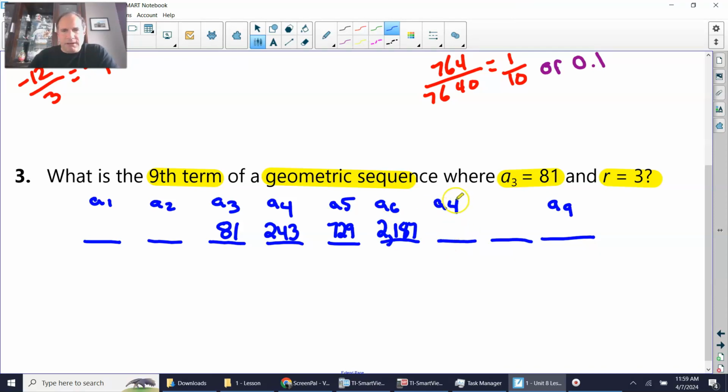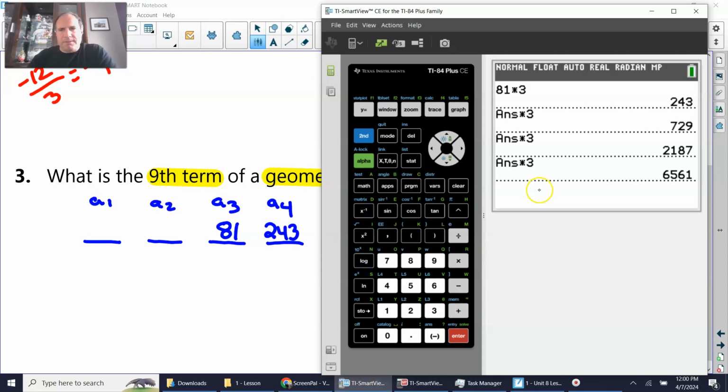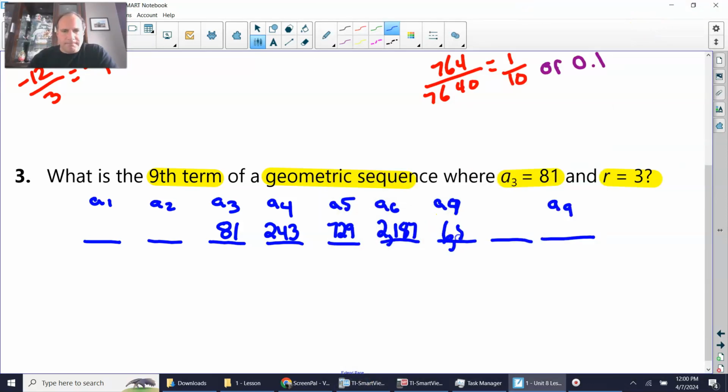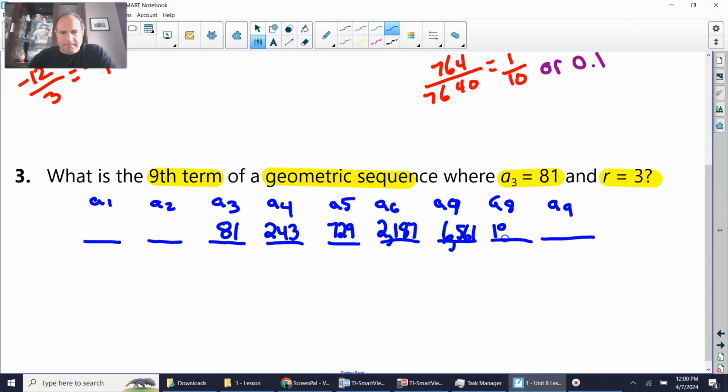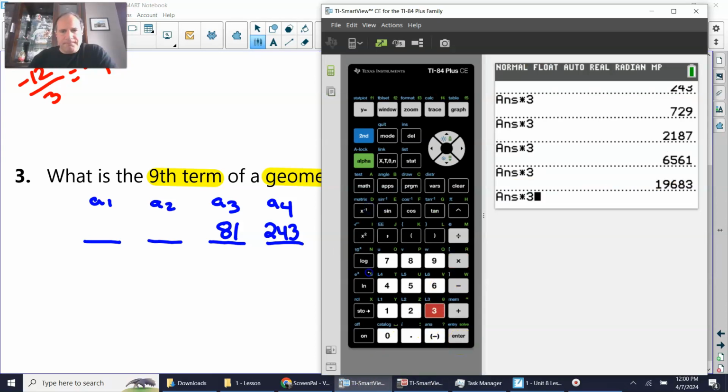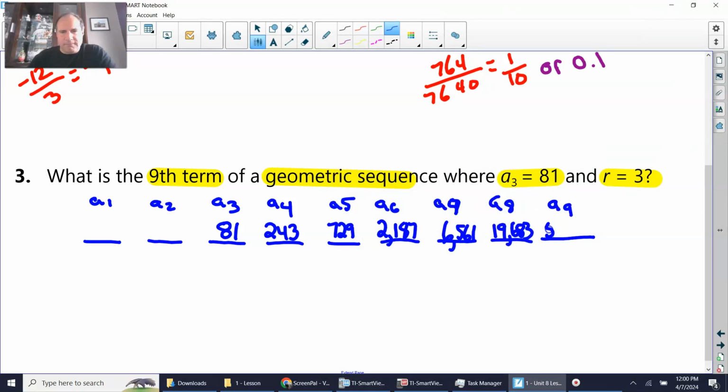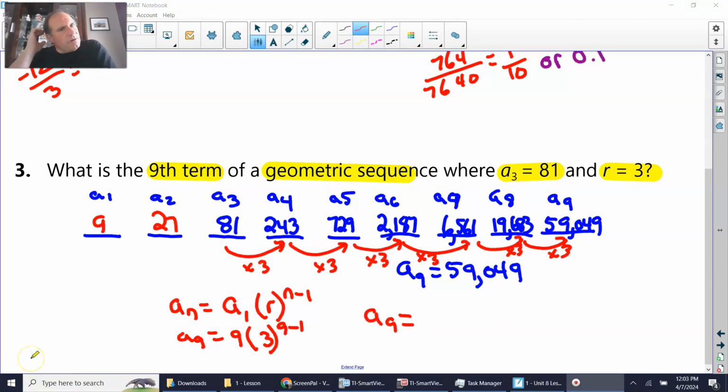A sub 7 is times 3, 6,561. And a sub 8, we're almost done, times 3, 19,683. And then one more time, times 3, would be 59,049. That's how I would do it. So a sub 9 equals 59,049.